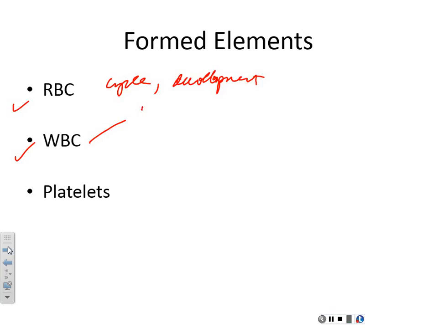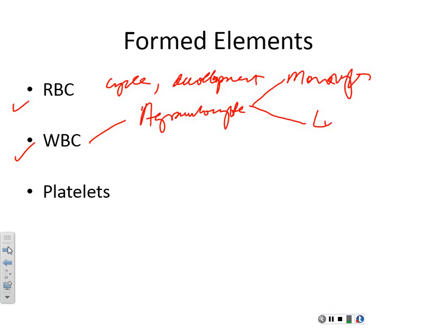Mononuclear and poly. No, I'm talking about the major overarching groups. Are granulocytes? Why did you shout it out? Monocytes and lymphocytes. Okay, and then the other one, of course, is the granulocytes.